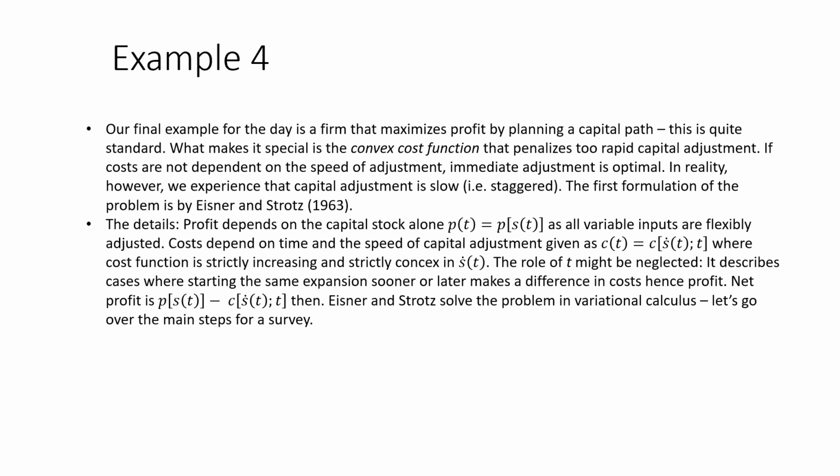Given that without such a convex cost function any adjustment speed can be chosen, it's optimal for the firm to approach the optimum level of capital stock in the shortest possible time, which is 0. So without such a convex cost function, the firm reaches its optimal level of capital stock in no time, immediately.